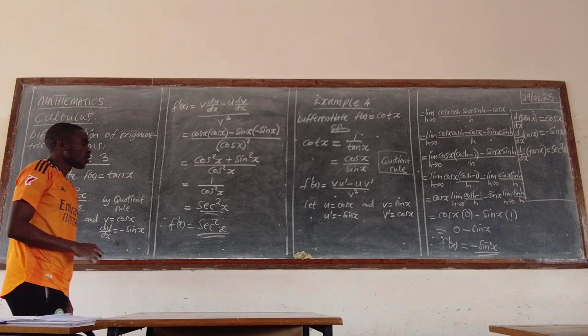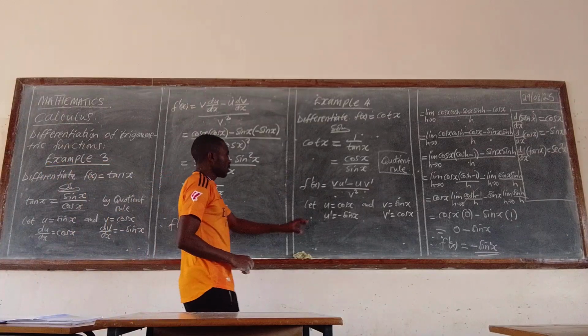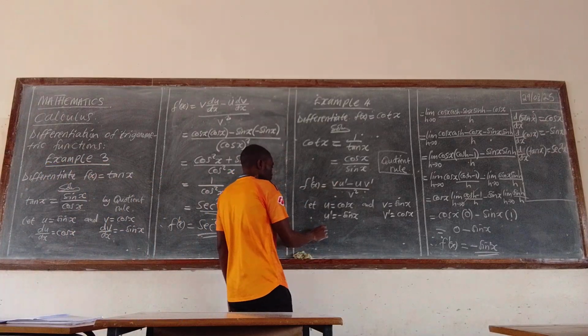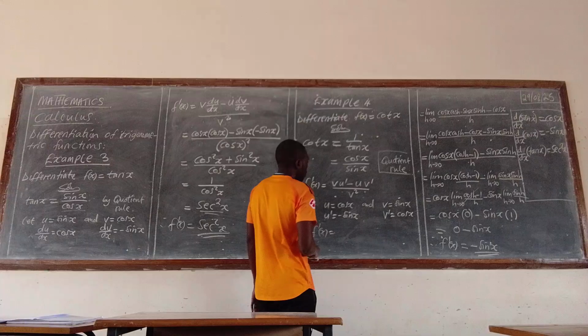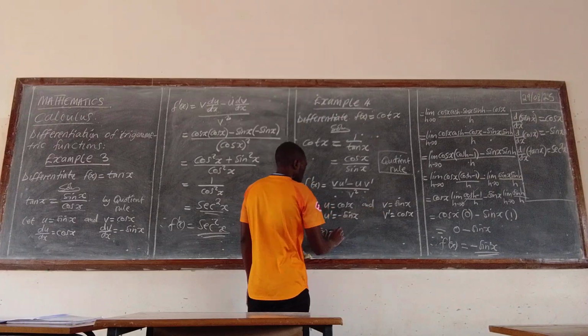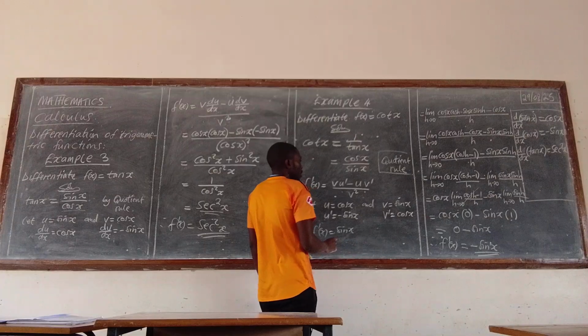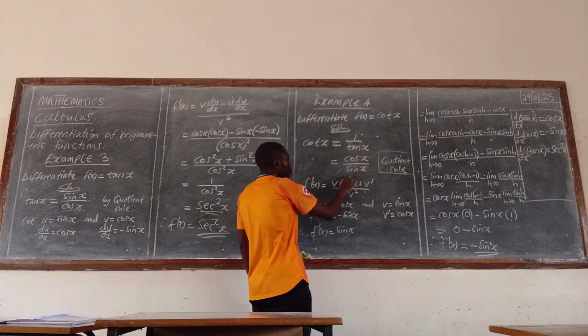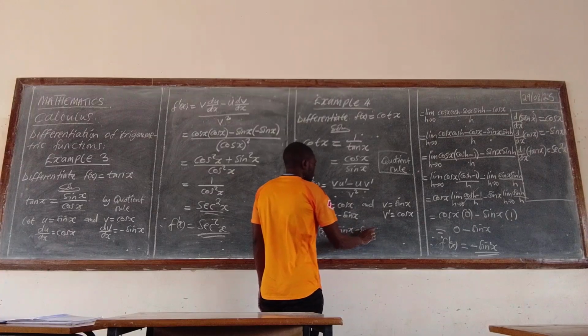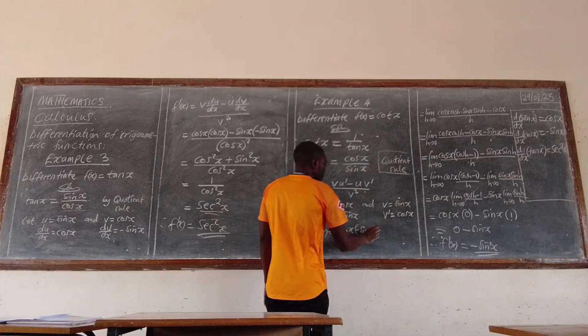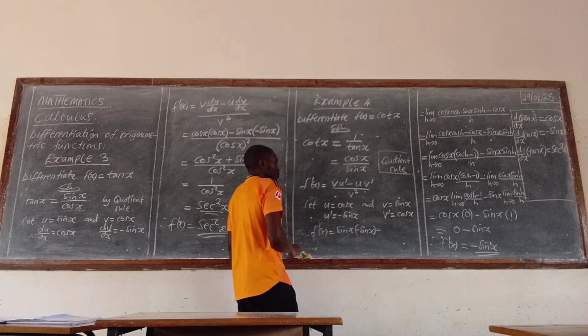Now, applying this way, we're going to say, therefore, continue, our v is sin x. And our u prime is negative sin x, like that. Then minus, what is our u?